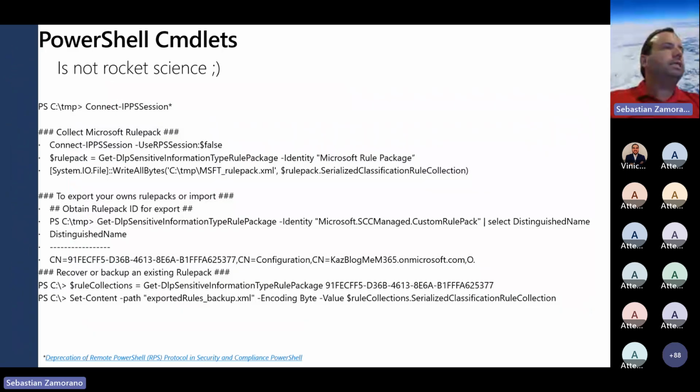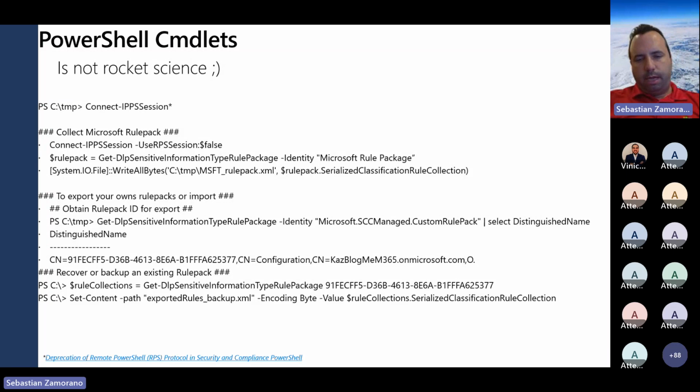Sorry for that. Here is the link; I will share the link later. But if you want to see, you can look for deprecation of remote PowerShell protocol in security and compliance PowerShell. That means that we will need another way to make the connection to the service.